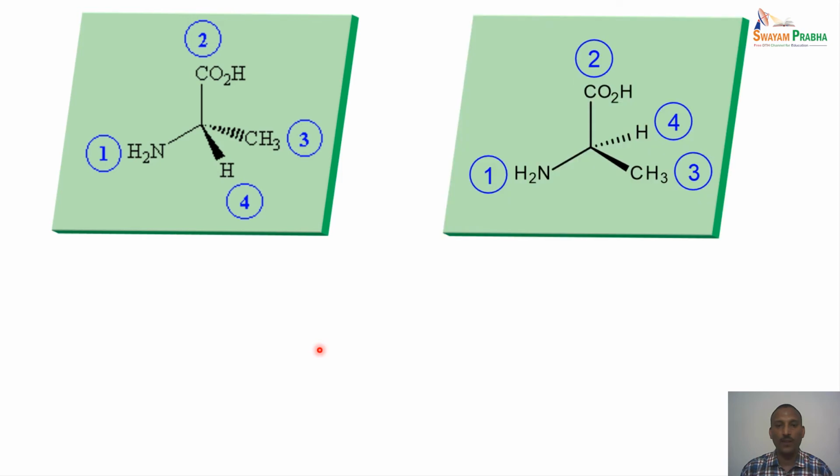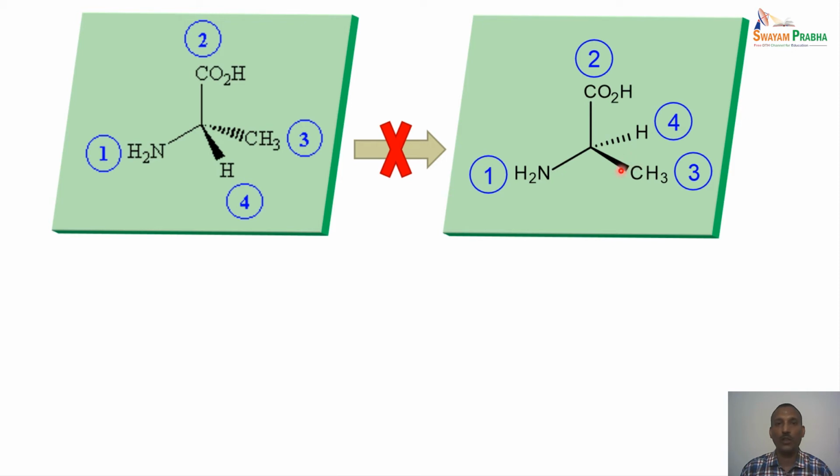In the first one, the NH2 group is on the left hand side, it is again on the left hand side, and the carboxylic acid is at the top. Now hydrogen is pointing towards the observer, and I simply exchanged it, moved it to the back side. Is this the right way of representing this molecule? Unfortunately, this is wrong, because as we mentioned, whenever we talk about configuration, we are not supposed to break any bonds.